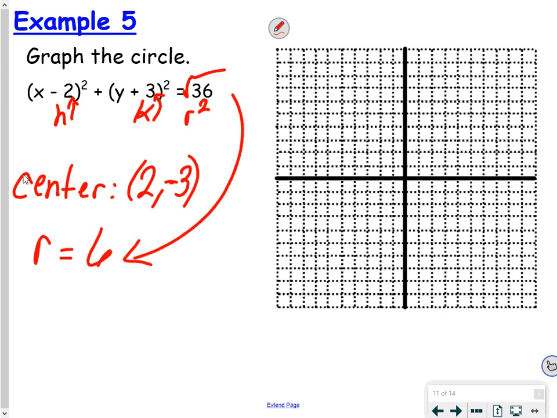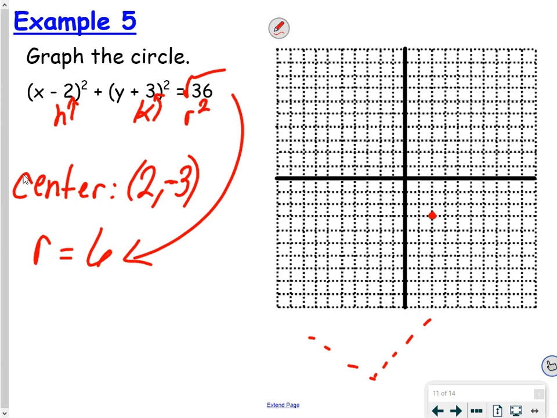So we've got the center, so we can plot that center point 2, negative 3, and then use the radius. From here, we don't want to go in all different directions because we don't know how far 6 units is. So we're just going to count vertically and horizontally 6 units in each direction.